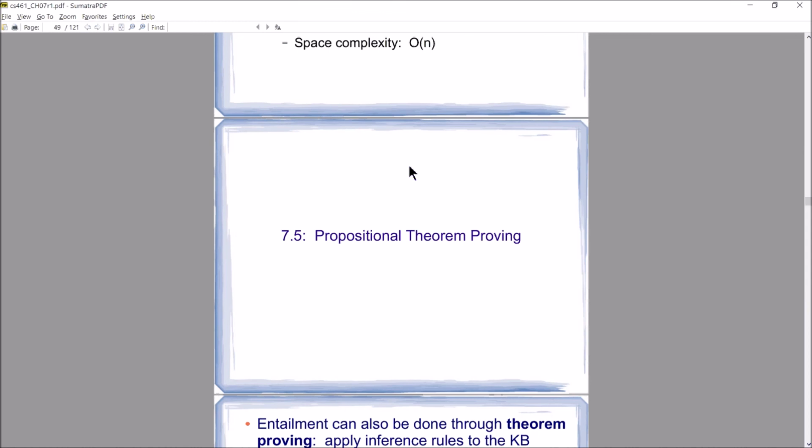If you want to see if some sentence is entailed by your knowledge base, then you build a truth table and assign all the different combinations of true and false to the different variables. Then you see if that sentence is true in every possible model. If it is, then you can conclusively say that the knowledge base entails that sentence.